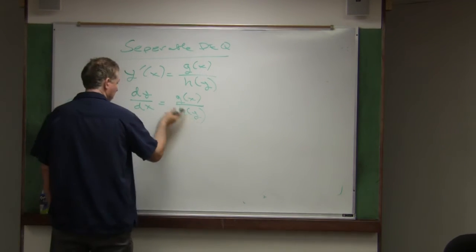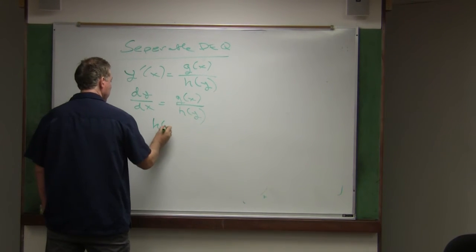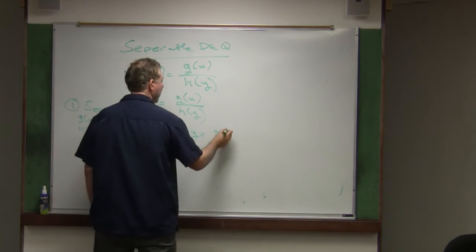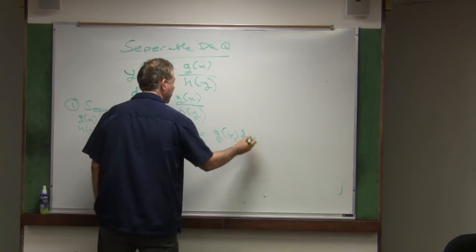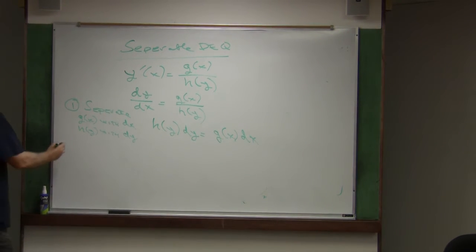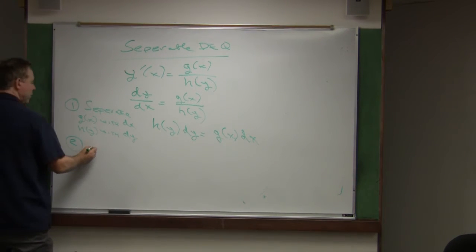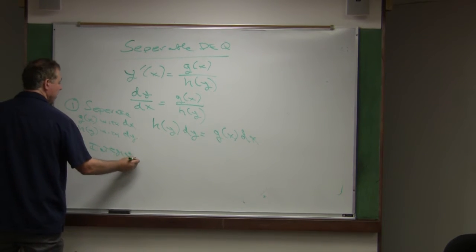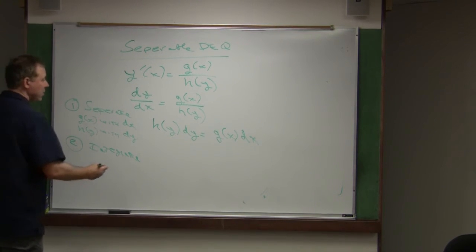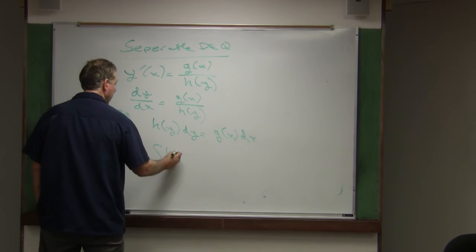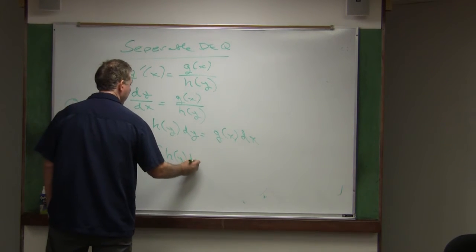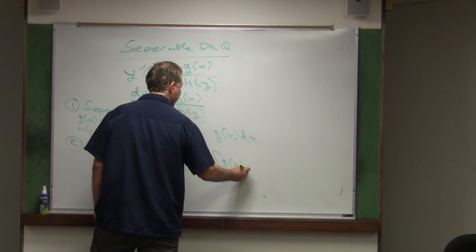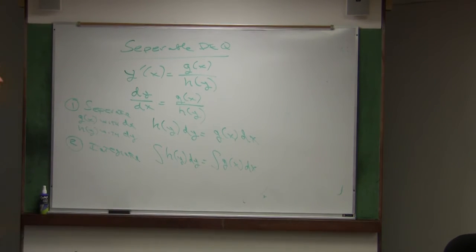It looks like you're crisscrossing, so you're going to do h of y dy is equal to g of x dx. Okay? So you're going to separate, and then you're going to integrate. Step 2 is you integrate. So it's a two-step solution. You separate and integrate. So then you integrate h of y dy is equal to the antiderivative of g of x dx.